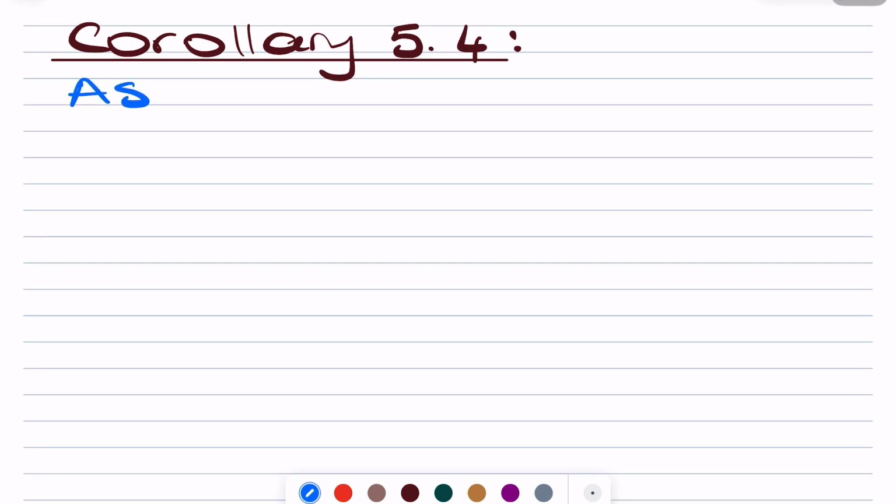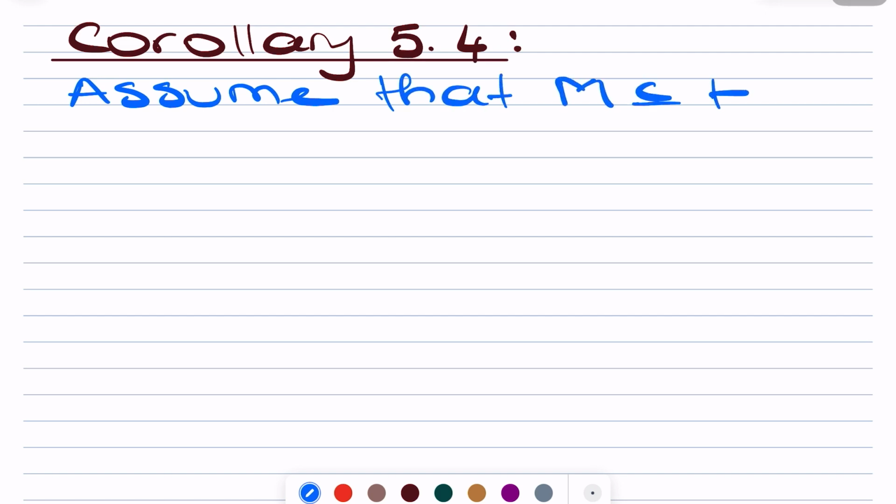Okay, so corollary 5.4. Assume that M, a subset of the Hilbert space H, is a closed linear subspace.